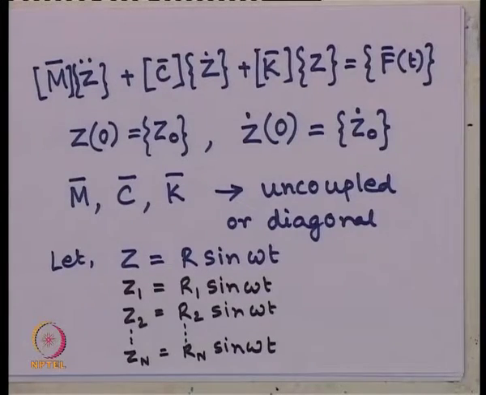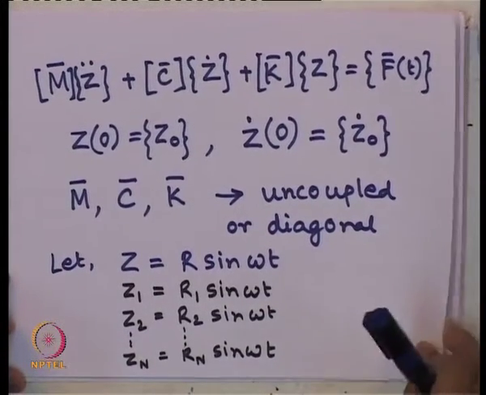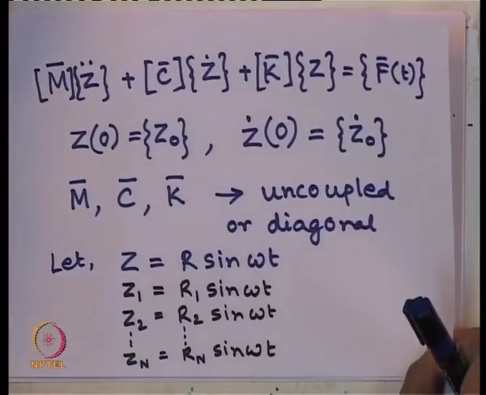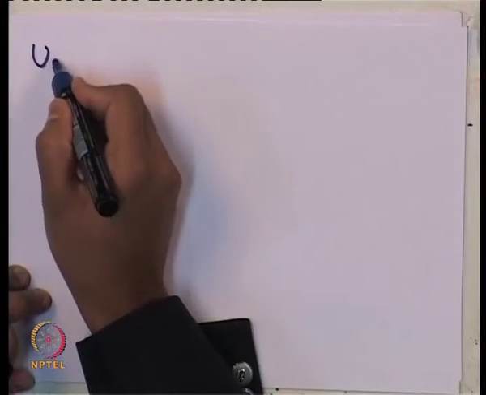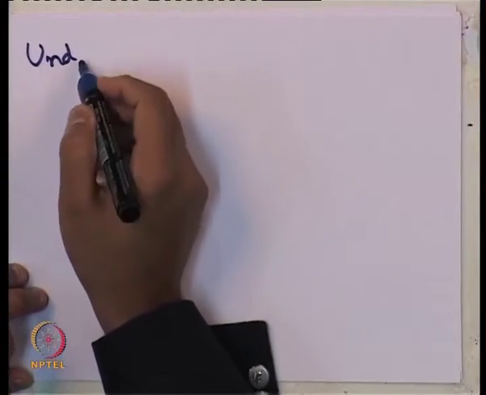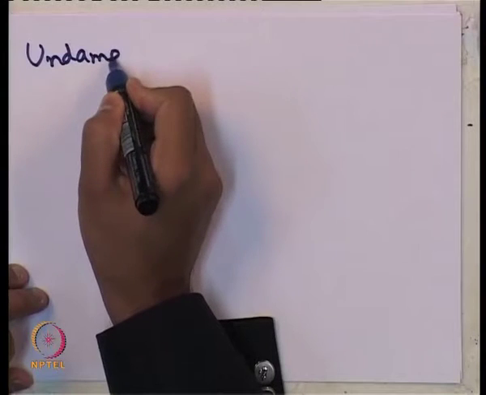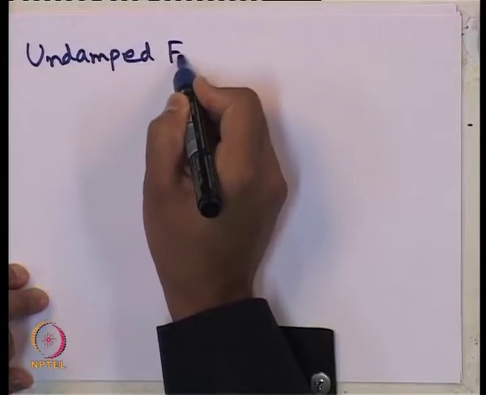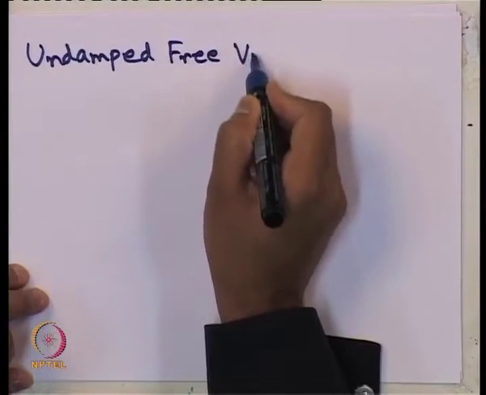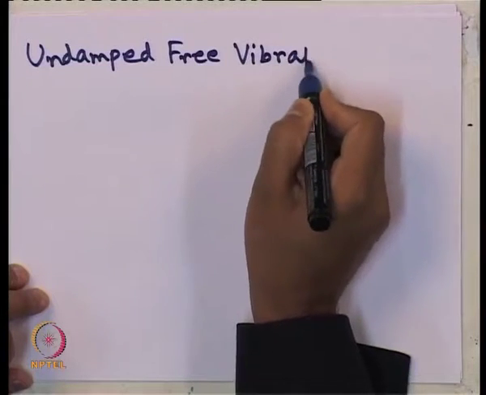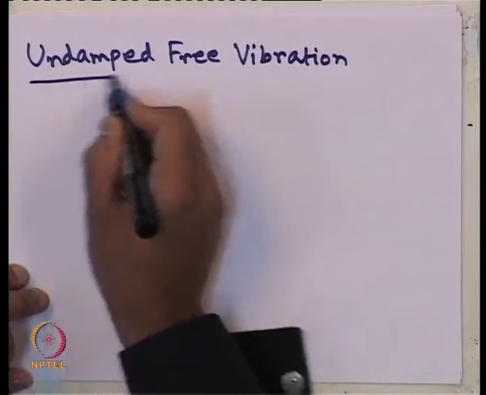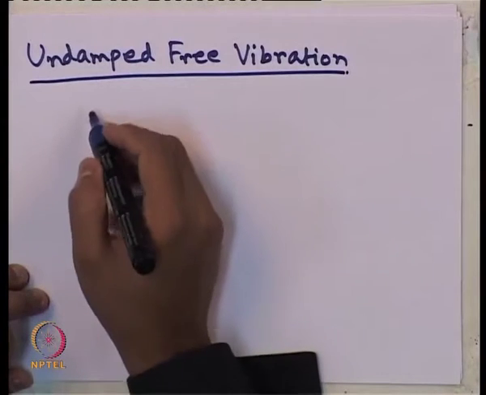Now, let us see for undamped free vibration how we can solve the problem. Let us consider the simplest case, then it can be applied to other cases also. So, for undamped free vibration, we are trying to find out the solution.